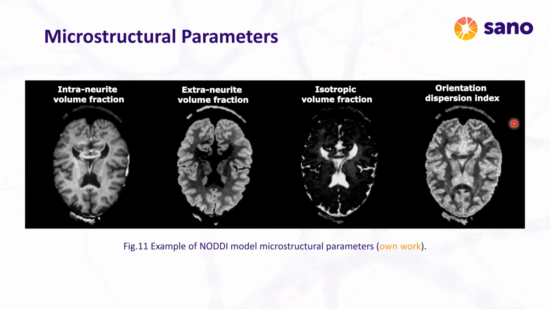The most important microstructural parameters of the NODDI model are intraneurite, extraneurite, and isotropic volume fraction, determining the fraction of a given compartment in the voxel volume, and orientation dispersion index, which assesses the orientation coherence of neurites.